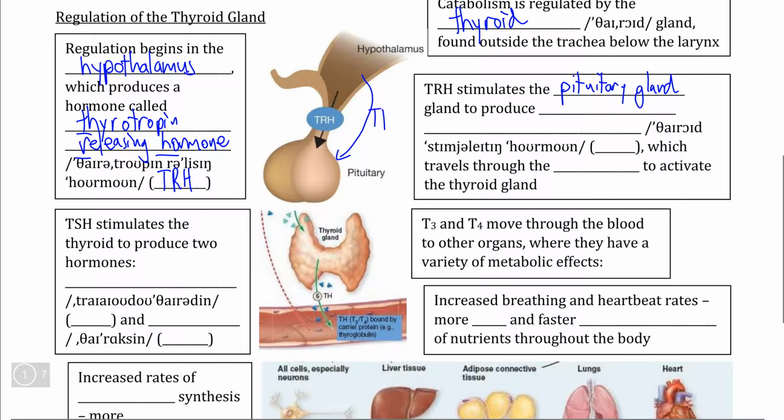Now, once TRH is released from the hypothalamus and activates the pituitary gland, it tells the pituitary gland to start producing another regulatory hormone, which is going to impact the thyroid gland directly, and it is what we call thyroid stimulating hormone.